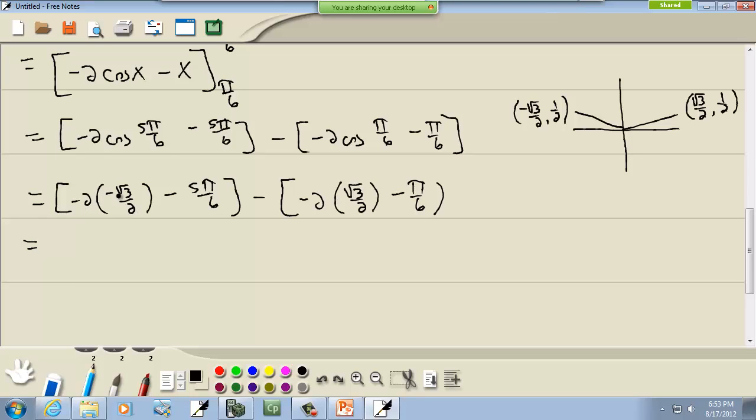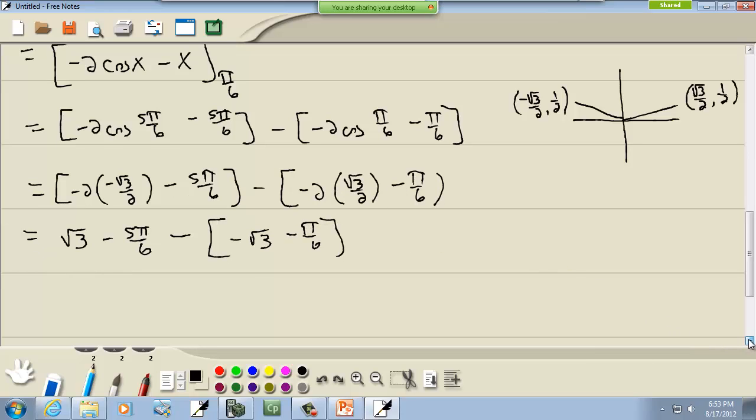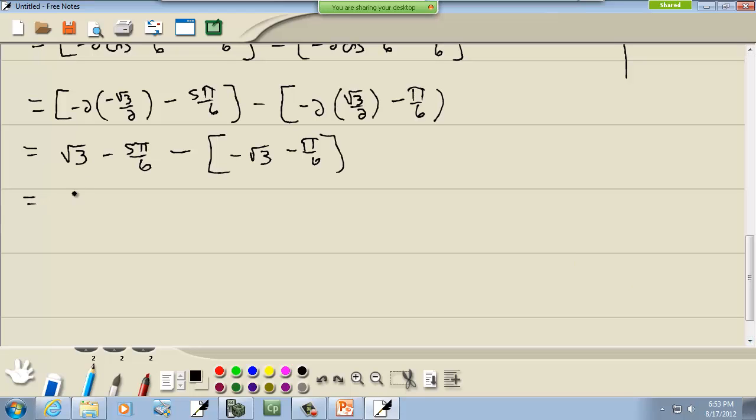Well, the 2's cancel. Negative gives us a positive, so we got square root of 3 minus 5 pi over 6. Those 2's cancel there. We got negative square root of 3 and minus pi over 6. So square root of 3 minus 5 pi over 6.